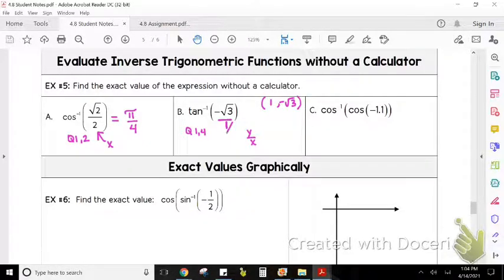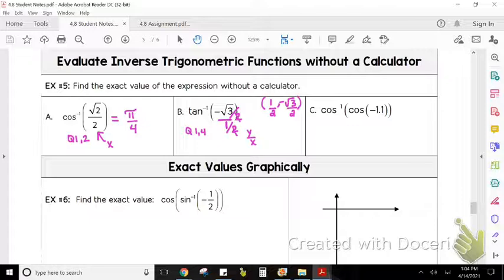Remember, though, because this is a ratio, they could have both been over 2 and it would have made those 2's cancel, right? Because everything that's not a quadrantal angle on our unit circle has an over 2 on it. So we're really looking for the ordered pair 1/2 and negative square root of 3 over 2, which is what angle?